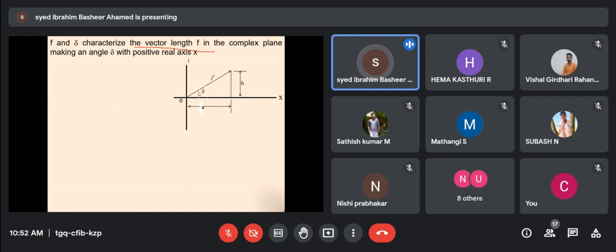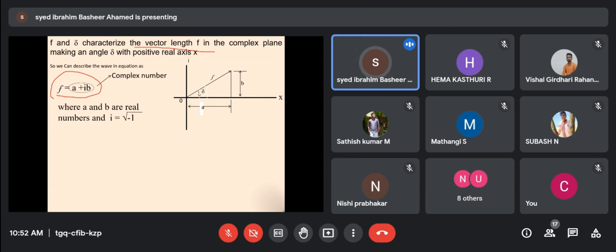So here it is a and here it is b. We can describe the wave in equation as f is equal to a plus ib. This is a complex number, you know that. a and b are real numbers and i is the imaginary unit, indicating a complex number.